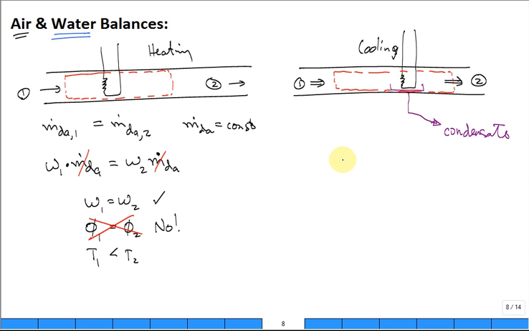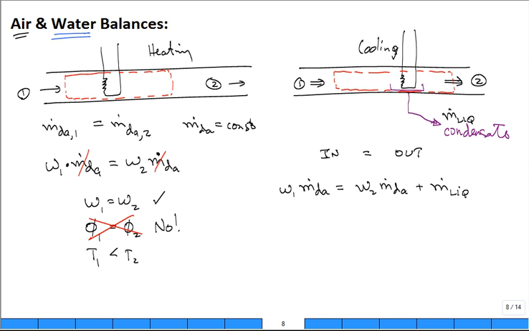All right, let's do it now for the cooling application. For any source of water, all the water in is equal to all the water out, the sum over the outs. So we're going to have omega 1 m dot dry air coming in. Any other source coming in? No. Going out, we're going to have omega 2 m dot dry air plus the mass flow rate of the liquid condensate leaving, m dot LIQ.